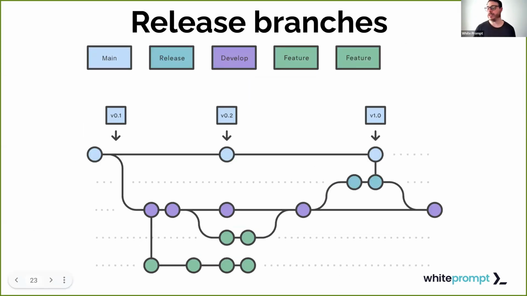Then we have release branches. Not every project uses release branches, but they are useful. Once develop has acquired enough features for a release, we fork a release branch off from develop. No new features can be added after we branch a release branch, as you can see here. And once it's ready, it gets merged to main and it's tagged with a new version.